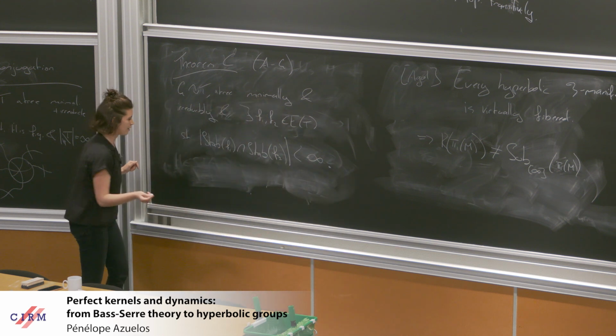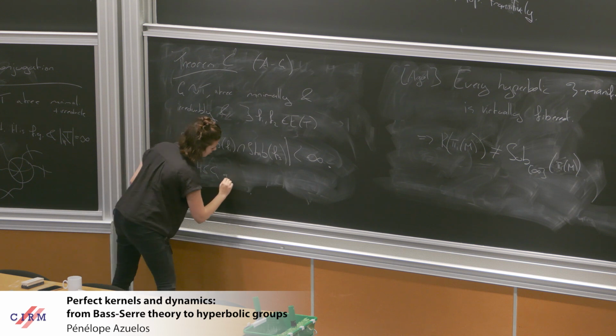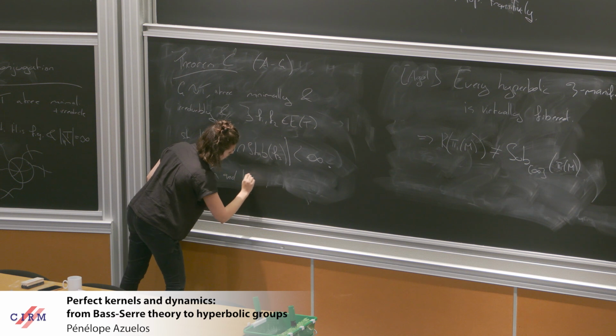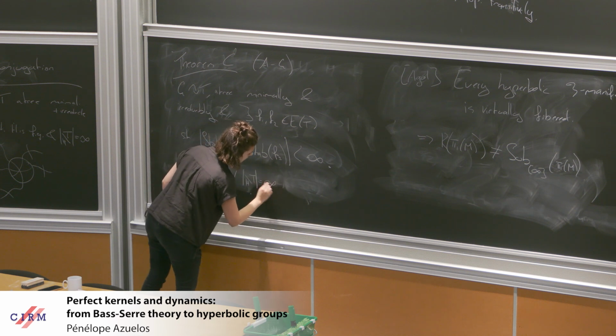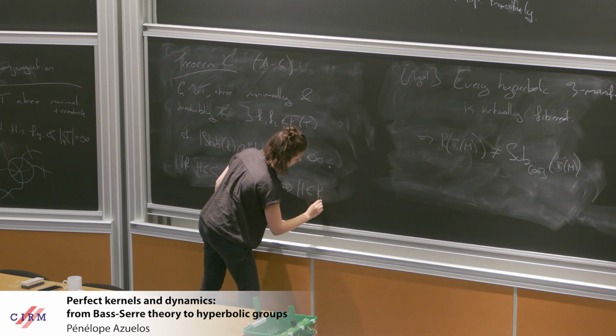Then, if H is a subgroup of G and the quotient is infinite, we're able to show that H is actually a point in the perfect kernel of G.